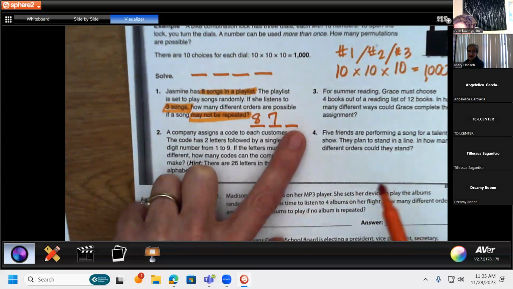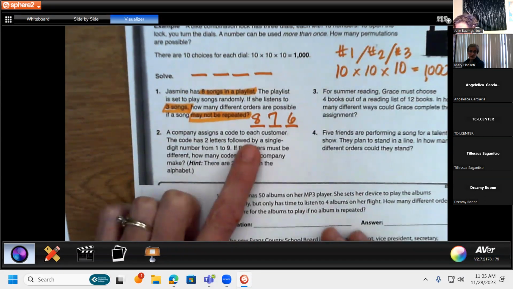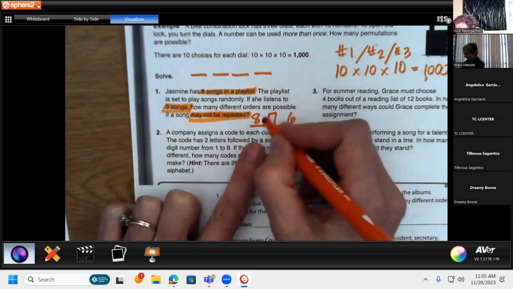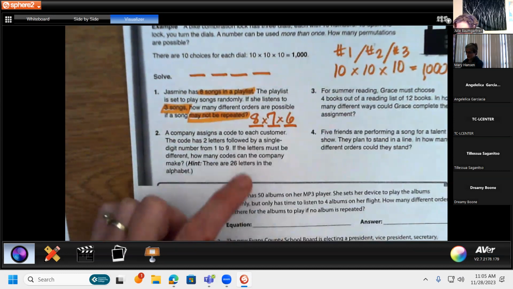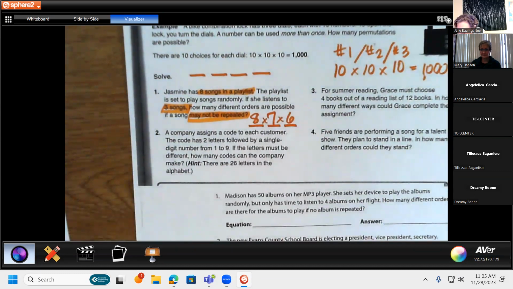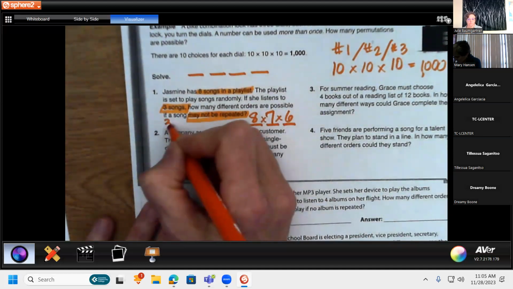And so now I have only 6 songs that are left for the third position. And I multiply those 3 numbers. And there's my calculator. So 8 times 7 times 6 is 336.